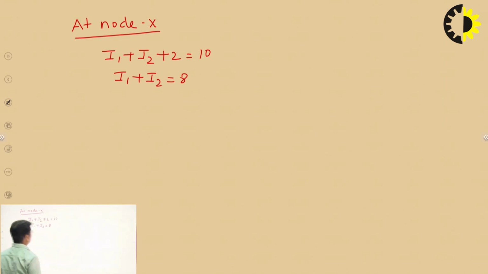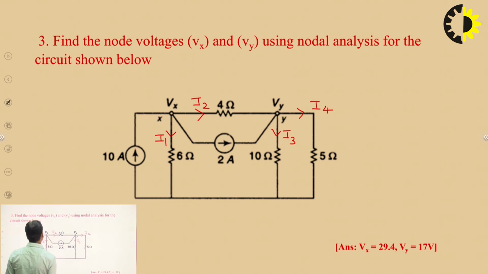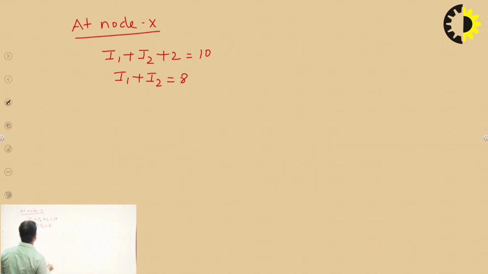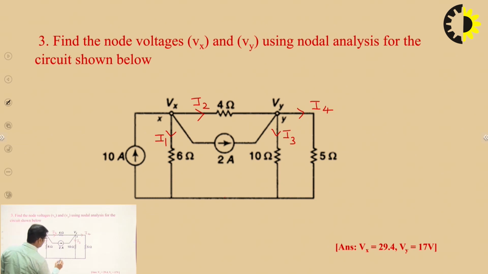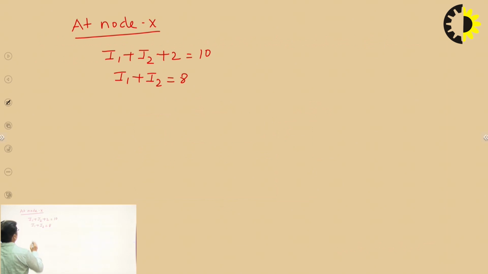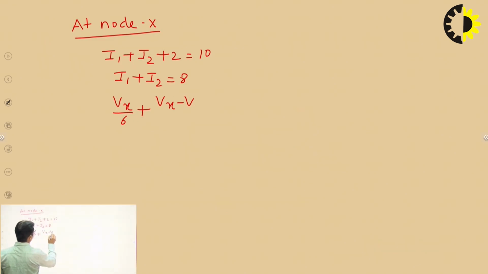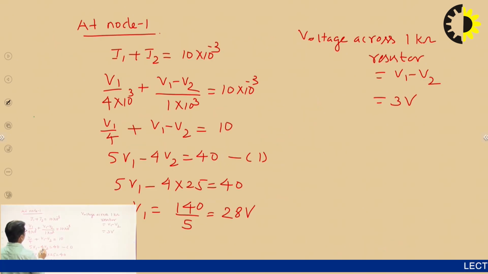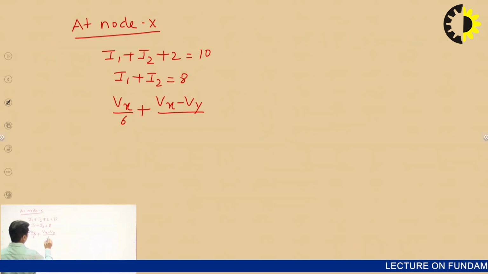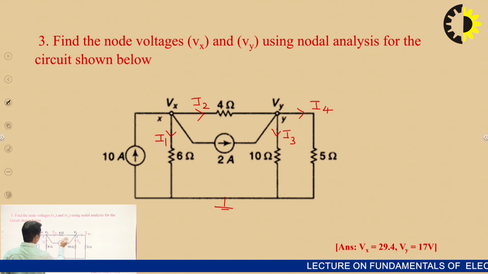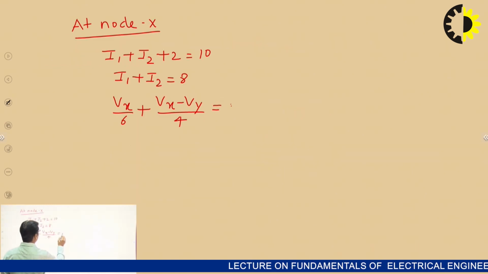Now, replace the currents I1 and I2 by their respective voltages. I1 is Vx upon 6, because this is a zero potential node. So Vx upon 6 plus I2, and I2 is Vx minus Vy divided by 4 ohm, this is the 4 ohm resistance, equal to 8.